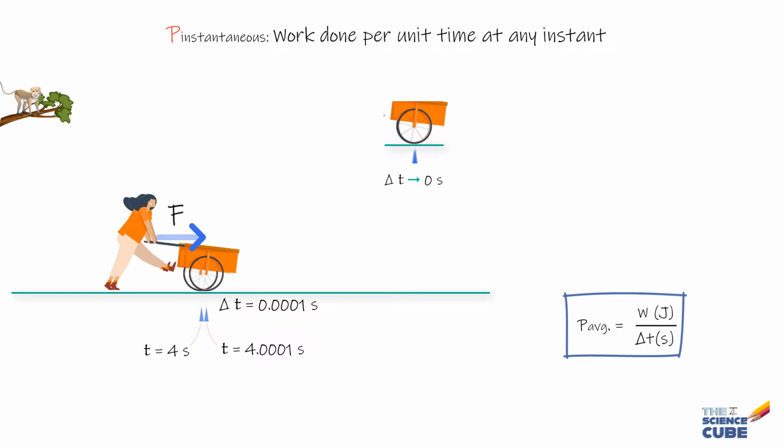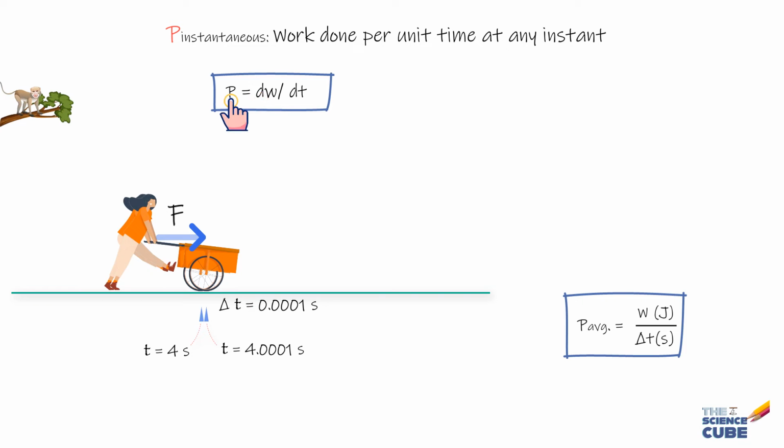And remember, when we talk of a quantity approaching zero, it is time to start making use of calculus. So here we define the rate of doing work or power at that instant as P is equal to dW upon dt. That is, in some time instant dt, work done is dW, and we call this instant power.